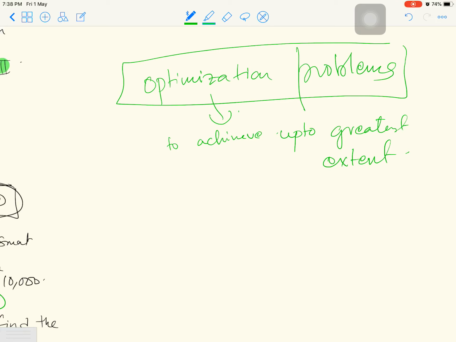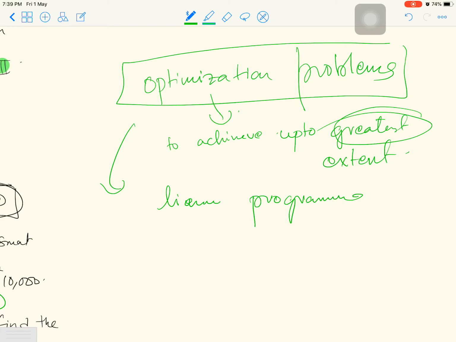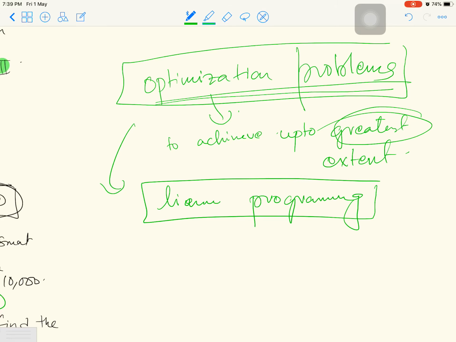Whether on the higher side or the lower side, you have to go towards the greatest extent possible. Those types of problems are known as optimization problems, and they can be solved in mathematics by linear programming. Linear programming is a method of solving optimization problems in mathematics.